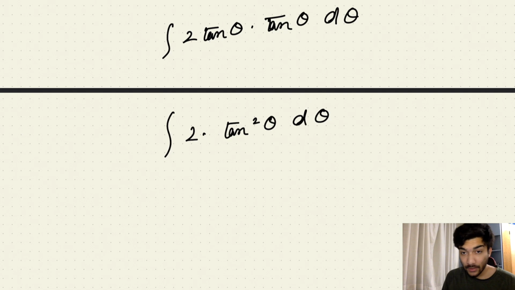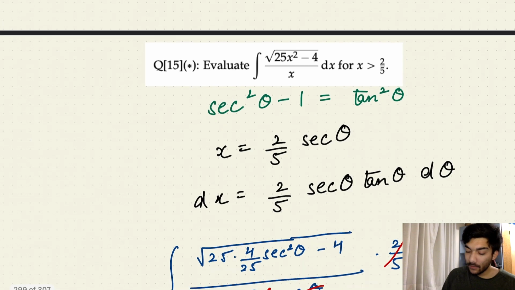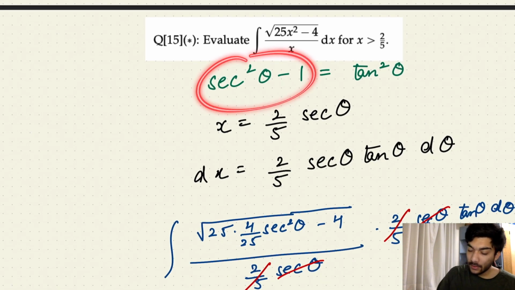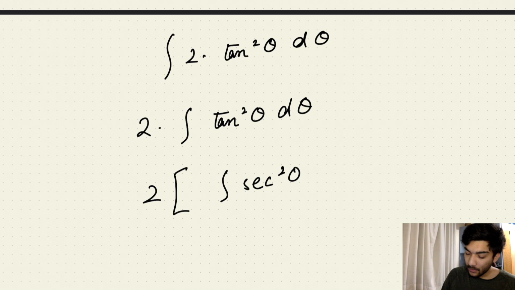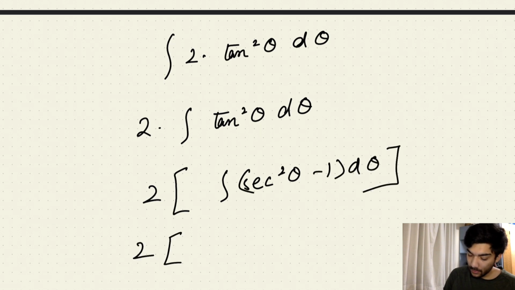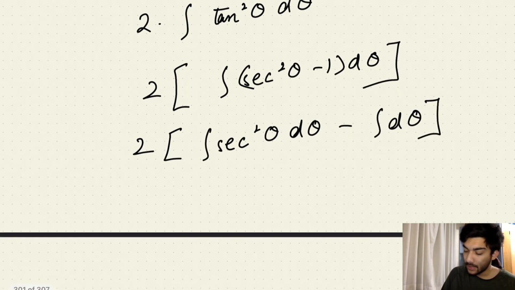And if you want to calculate the answer to this indefinite integral, this would simply be 2 can come out, twice the integral of tan square theta d theta, and we know that tan square theta is secant square theta minus 1. So 2 times the integral of secant square theta minus 1 d theta, which would be twice the integral of secant square theta d theta minus the integral of d theta, right?